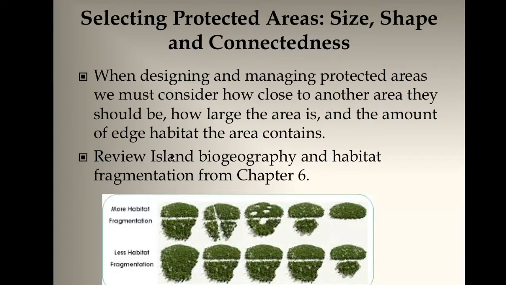All right, so the other point that's made is that whenever you're protecting any area or land area, to avoid fragmentation and really look at how close it is to other areas, how large the area is, and so forth. So kind of going back to chapter 6, where some of those things were talked about in more detail.